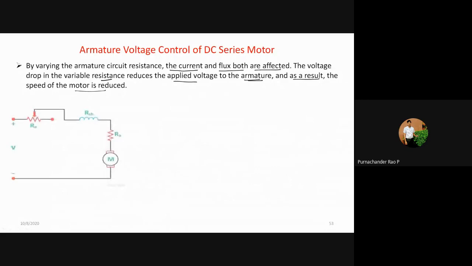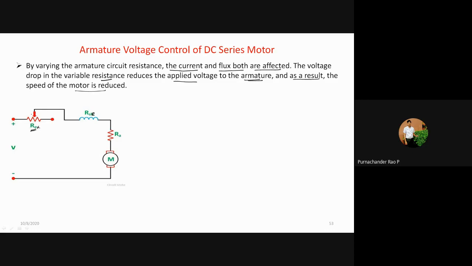So here you can see, because your armature is connected in series with your series field winding, I can call it the series field winding RSE, and some extra external resistance REX is also connected.